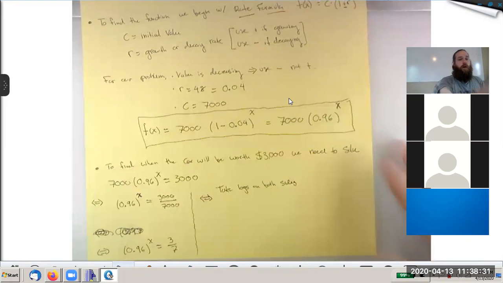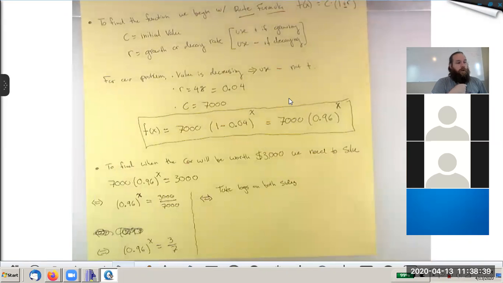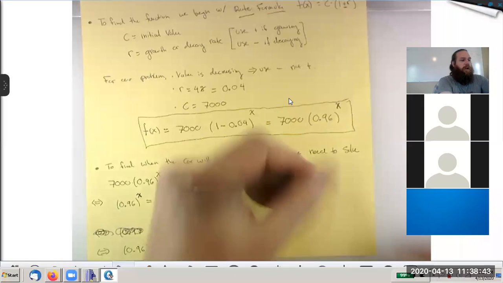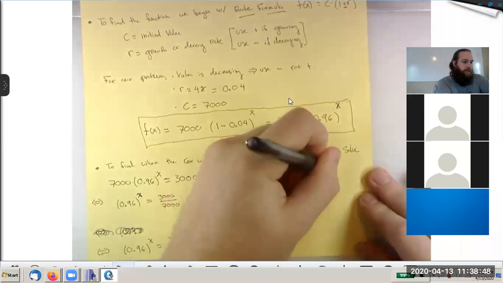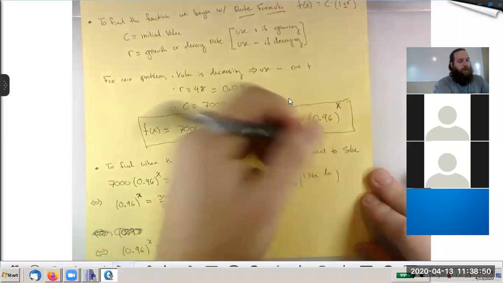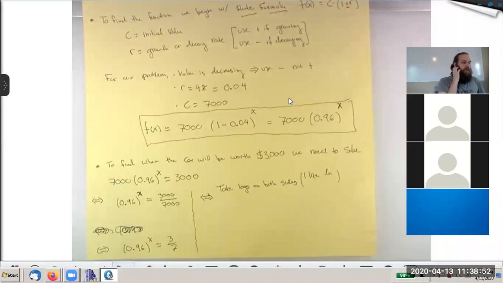And I could take whatever log I wanted. I could take the base 2 log, or I could take the ln of both sides, or I could take the common log, the log of both sides. I like ln. So I'll take the ln of both sides.